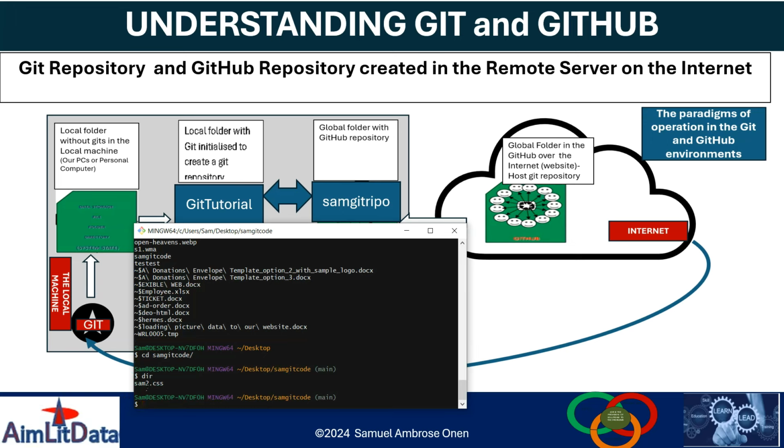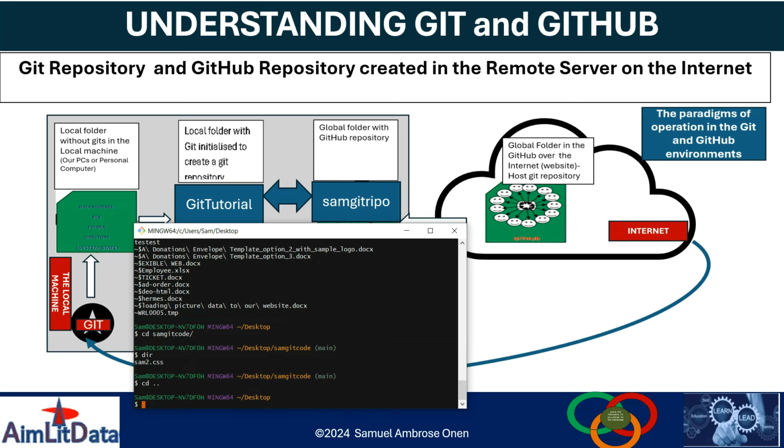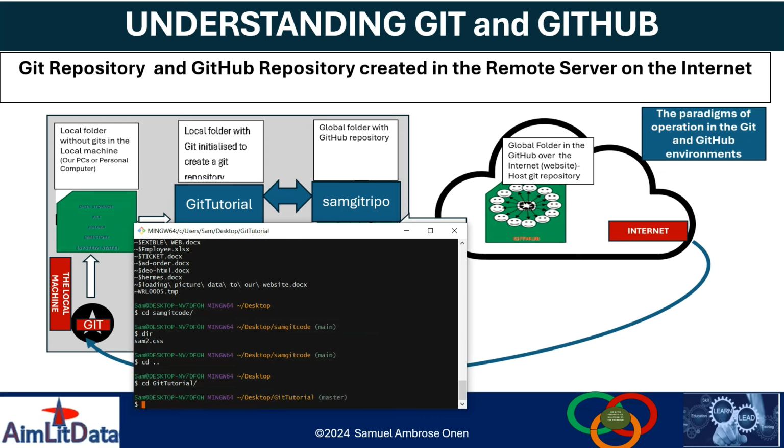You can see sam2.css is sitting right inside there, whereas in our local repository, let's go back and then hop to Git tutorial. Remember, Git tutorial is the local repository, and then inside there we have another file.